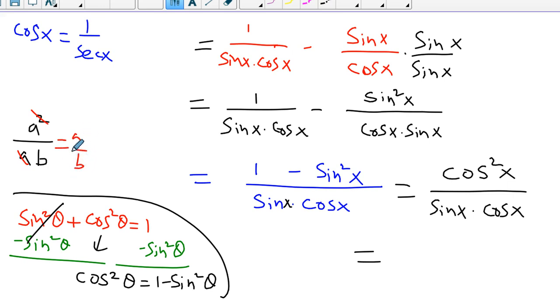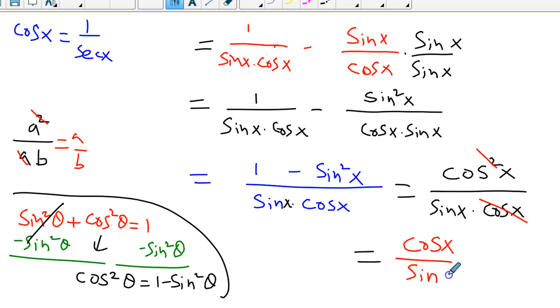Same way here, cosine square x over cosine x, that is cosine x times cosine x over cosine x. So one cosine will go off from the numerator, leaving behind only one cosine x. So cosine x over sine x.